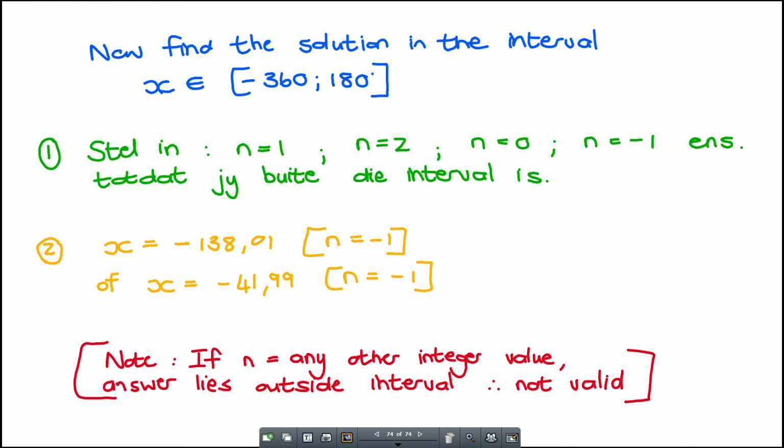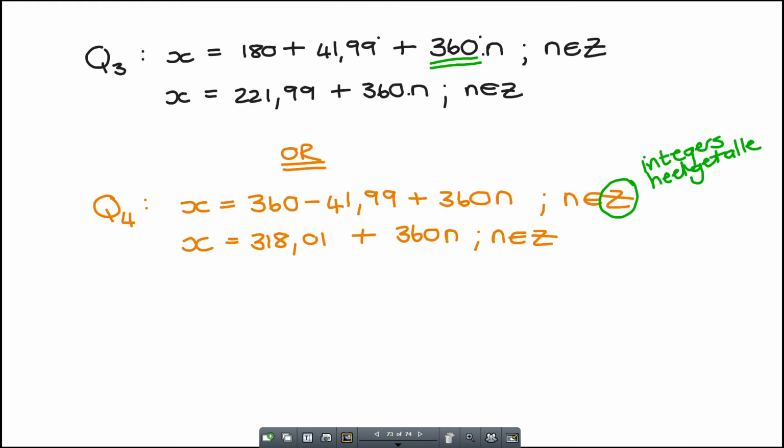En nou gaan ek net gou vir jou terugskep na hier waar ons algemene oplossing het. So let's first start with the one from quadrant 1. Okay, so you're going to now use that x is equal to 221, that one. Nee? So tik nou vir my op jou sakrekenaar in. 221.99 plus 360 and then we start a bracket.